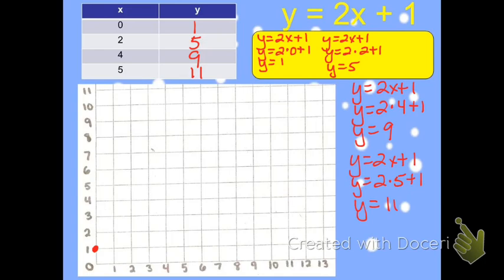Our second point then is 2, 5. So over 2, up 5. Our third point, bless you, is over how far? And up how many? 9. And our last one is over and up 11. Very good. And we draw a straight line. We did it correctly.